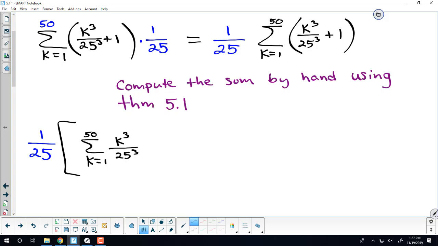So the summation applied to the first term, plus the summation applied to the second term. And again, the first term, the summation from k equals 1 to 50, only affects the k cubed. So the 1 over 25 cubed is, in this particular sum, just another constant that we can pull out in front.